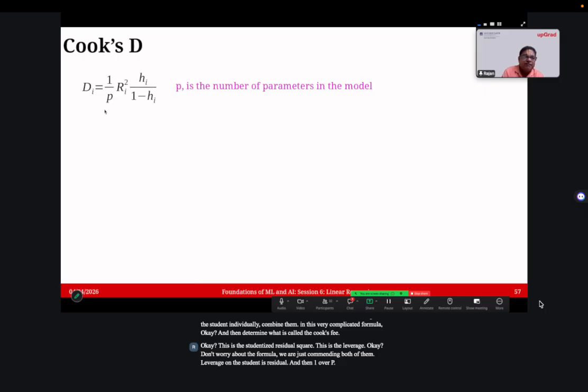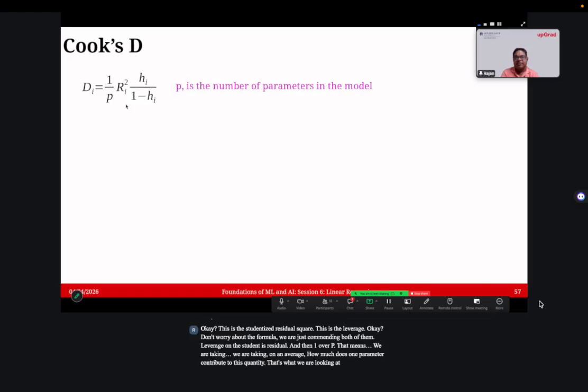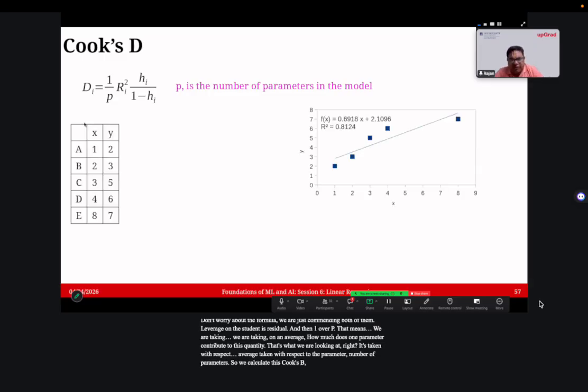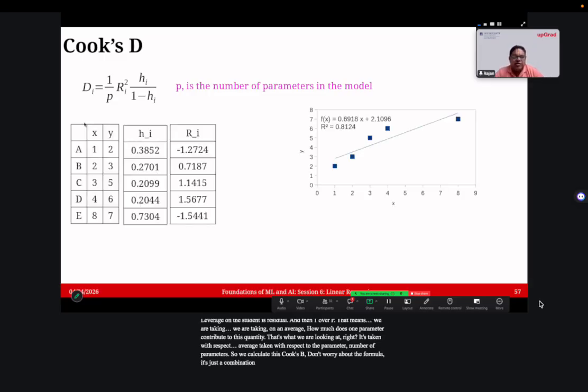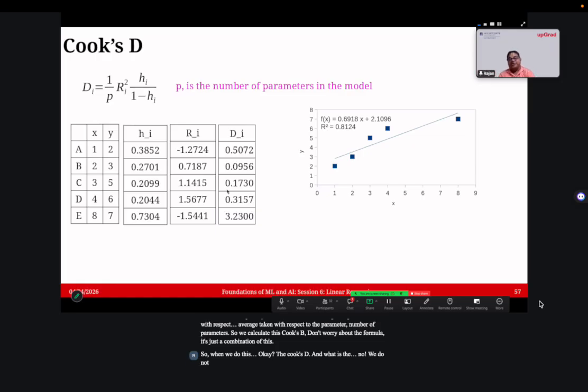That means we are thinking, on an average, how much does one parameter contribute to this quantity? That's what we are looking at, right? The average is taken with respect to the number of parameters. So we calculate this Cook's D. Don't worry about the formula. It's just a combination of this. Now we do not know what the threshold for Cook's D is.